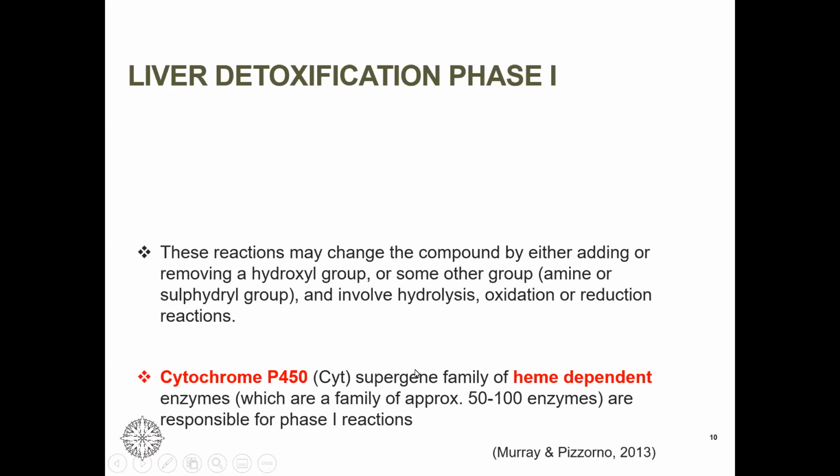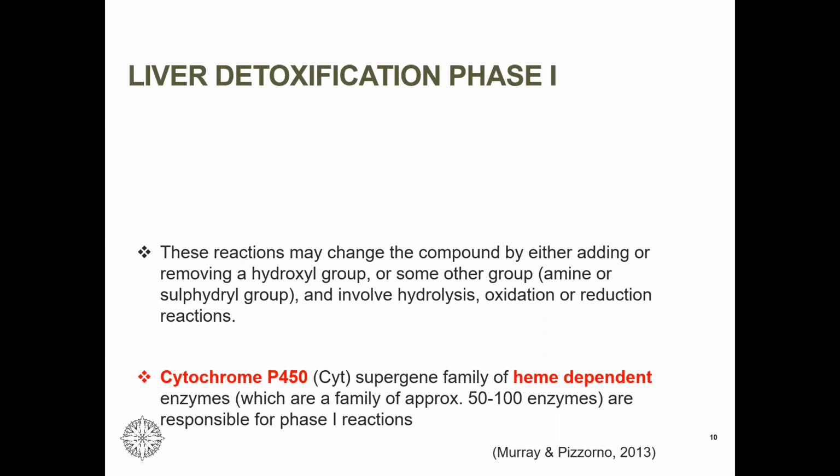Now, why do we call them P450? When scientists were trying to identify it under a spectrophotometer, cytochromes demonstrated a peak color at 450 wavelength. You don't have to remember that.